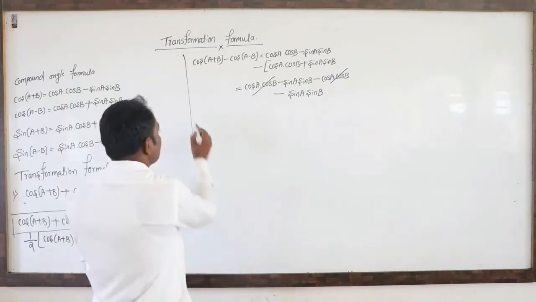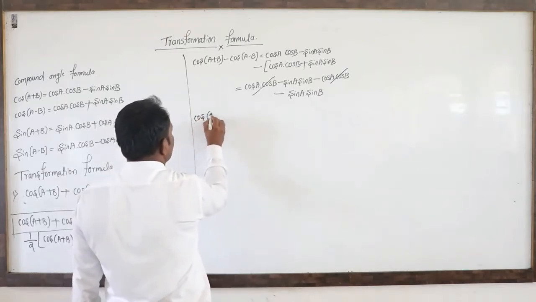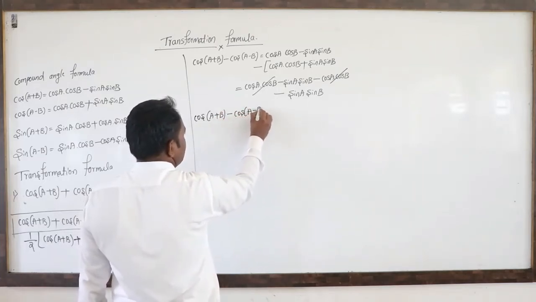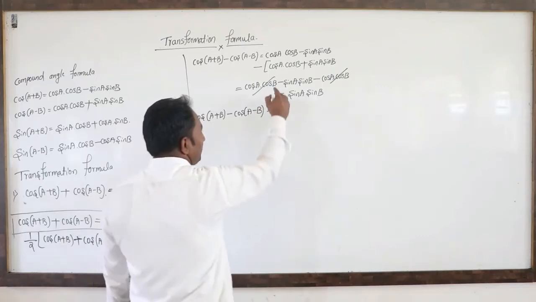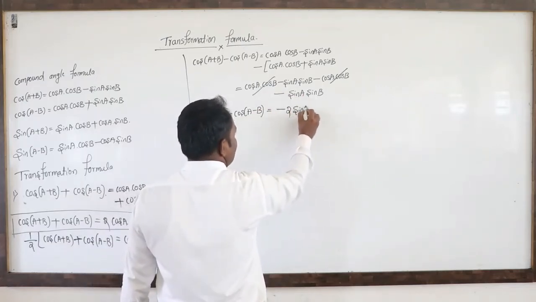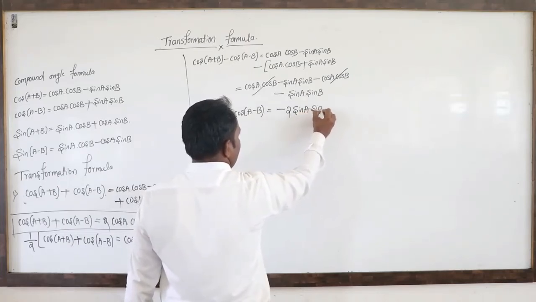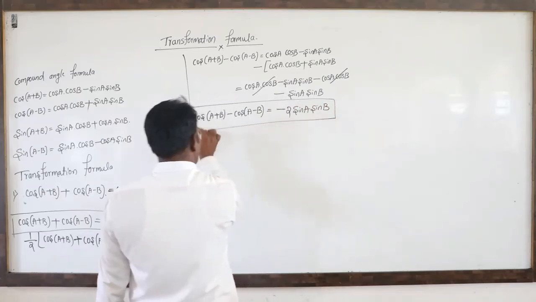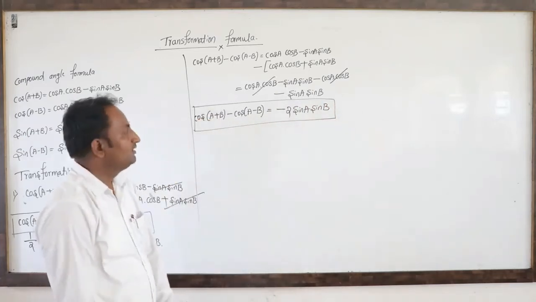We get cos of A plus B minus cos of A minus B is equal to minus 2 sin A sin B. Here also it's a very important form for the second formula.